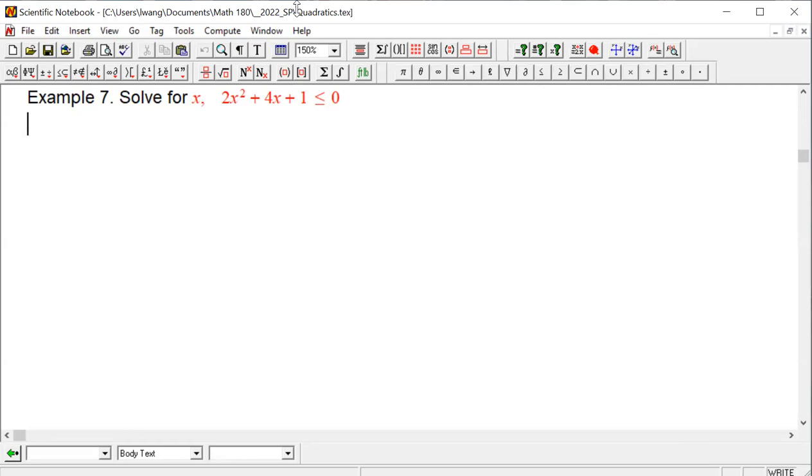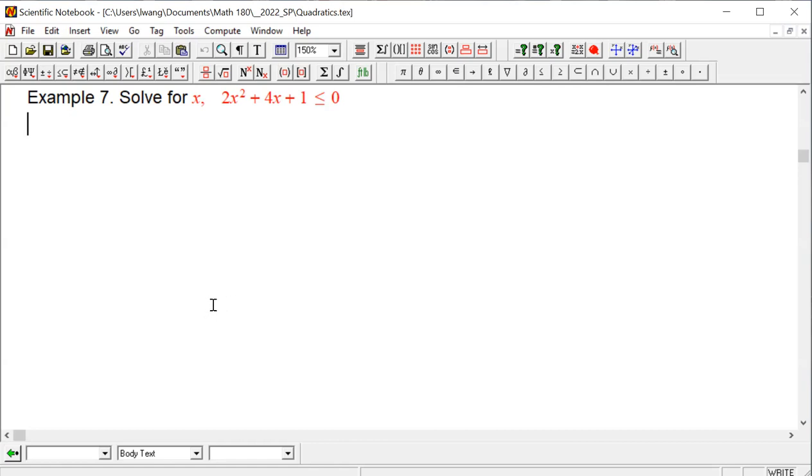It looks like it's going to be difficult to factor. What do we do? We need to find x-intercepts if we use the function method. And if we use the sign method, we need to know where it changes sign. So no matter which method we use, we need to know where the function changes sign.